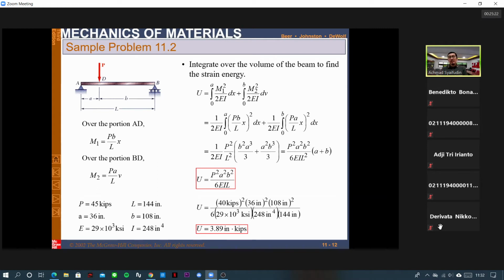After you substitute the parameters with the magnitudes given in the problem, then you will get the strain energy magnitude. The value is equal to 3.89 in kilo pound per square.